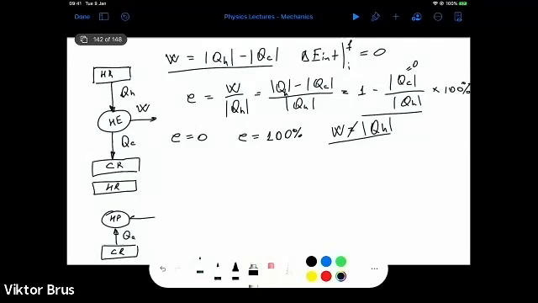We perform some work on the system from the environment, and that makes this heat pump transfer further energy via heat, QH, to the high temperature body. So it works exactly in the opposite direction.